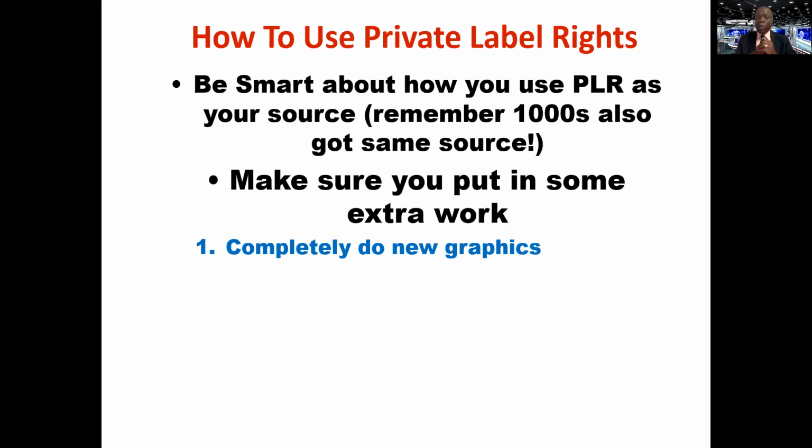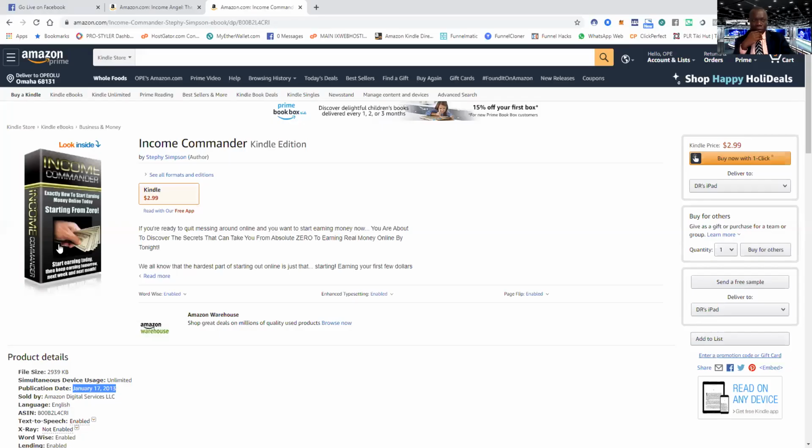Number one, completely do new graphics. You can see the mistake I made. Let me go back here, because it's important for you guys to understand these things. One of the mistakes I made, look at the original book. They did the box here, but there is a PDF look that is different.